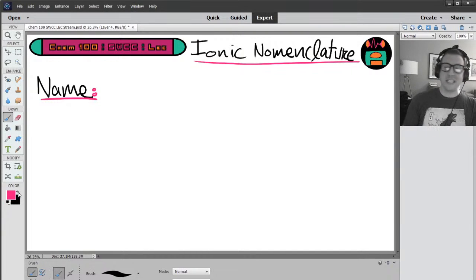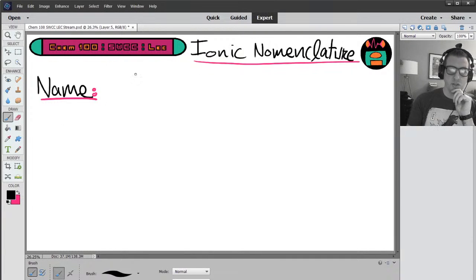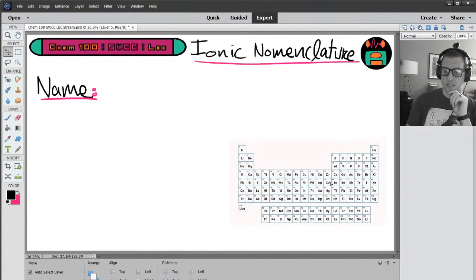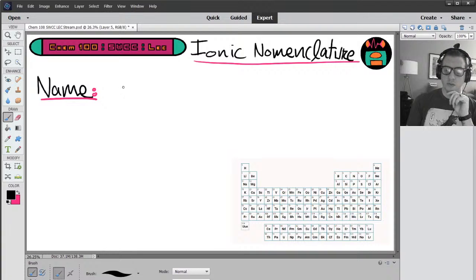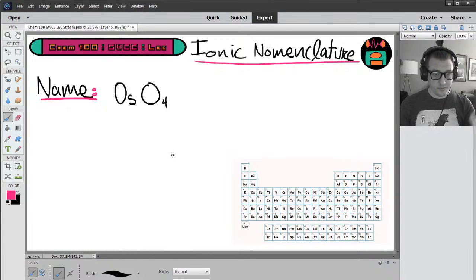Okay, so let's name the following compounds. Let's go ahead and start, and let's bust out our periodic table. Let's start with OsO4. So we got to look these up.